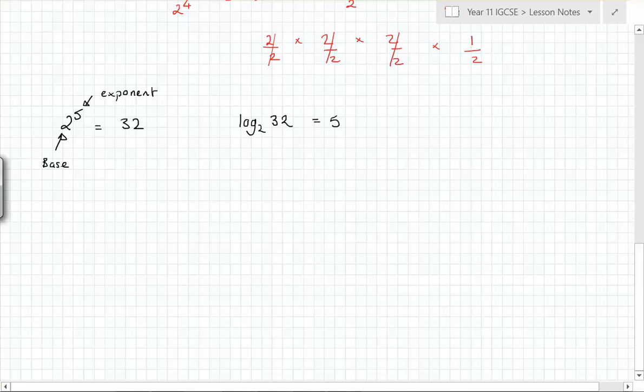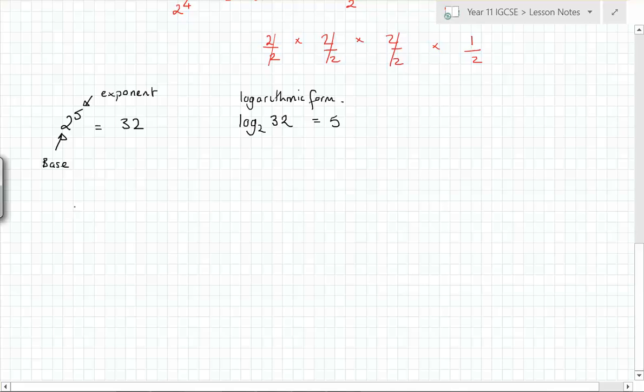So what we're saying is if it's log to the base 2, the base is 2, 2 to the power of 5 makes 32. Okay? So that's how we can write it in. We've got exponent form, we've got logarithmic form.